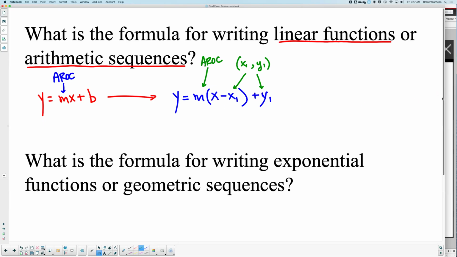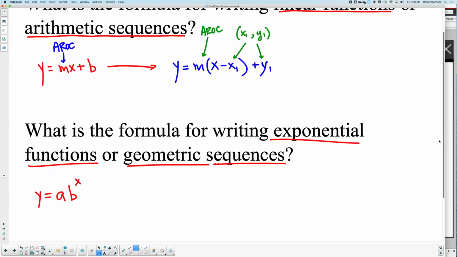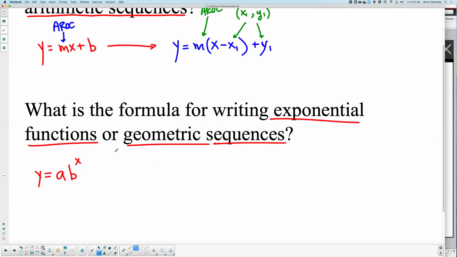Now, as we jump down into exponential, the same can be said. There's a formula that you see all the time, but it's not necessarily the most helpful formula. For exponential functions or geometric, the formula you'll see given to you all the time is y equals ab^x. But just like linear, this will rarely do you that much good by itself because we're going to have some transformations.